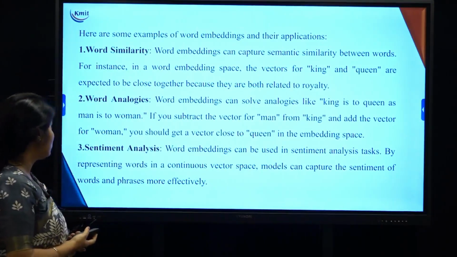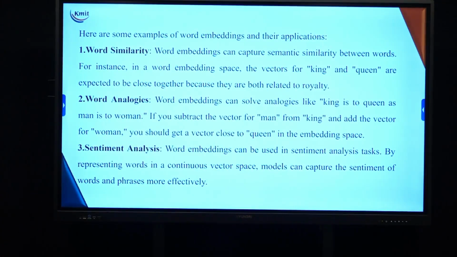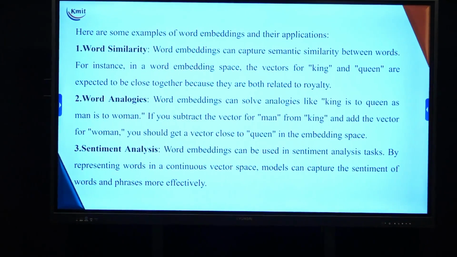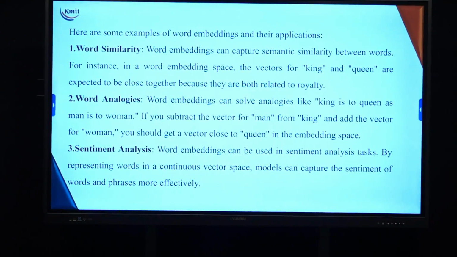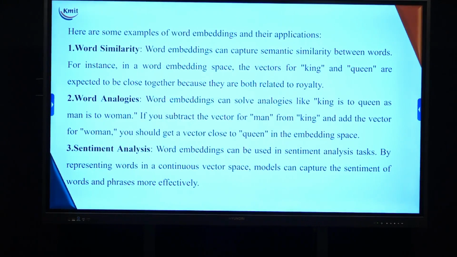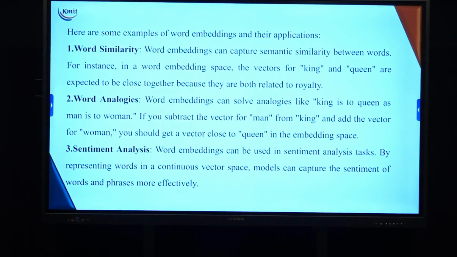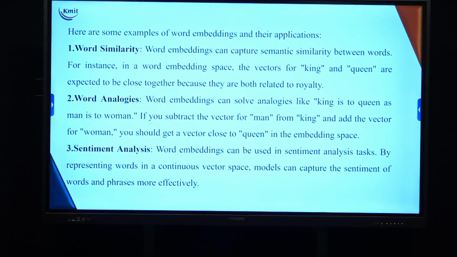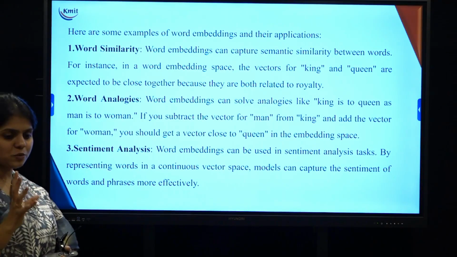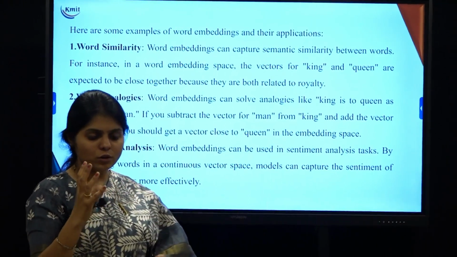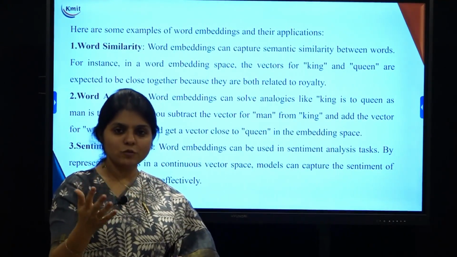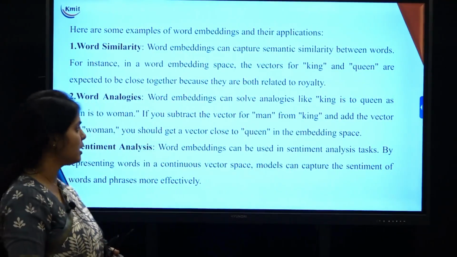To find out this word similarity, we go for word embeddings. Word analogies: king is to queen as man is to woman. To understand that man is a king, queen is a woman, we need to understand the relation between king and queen, man and woman. For that also we need word embeddings in the 3D space.